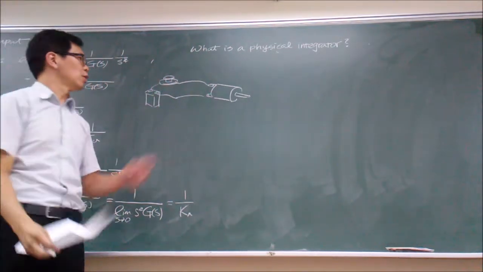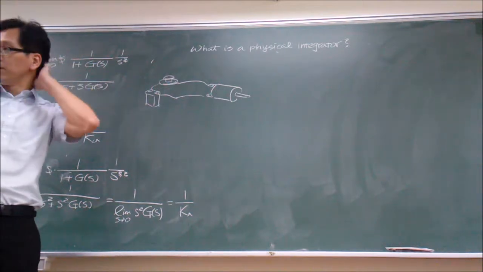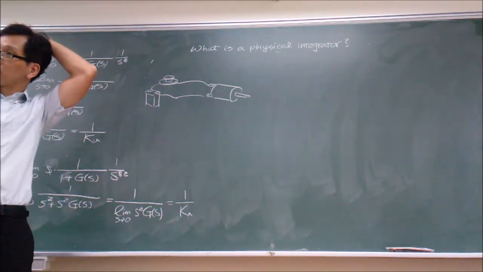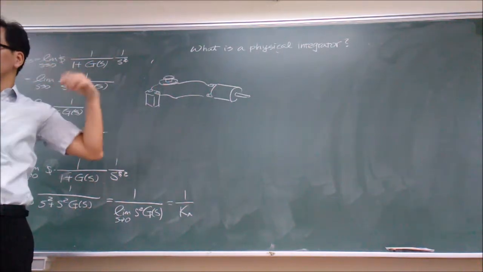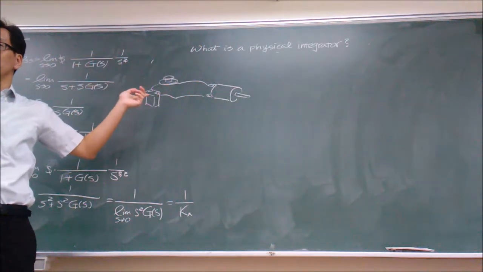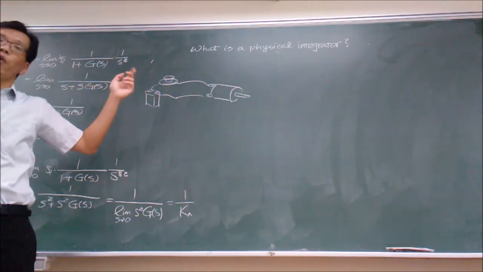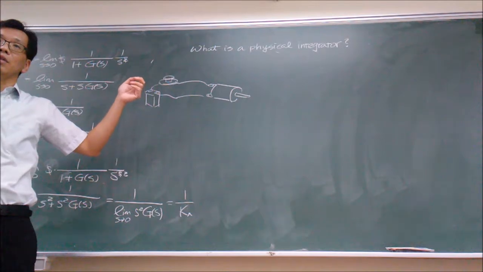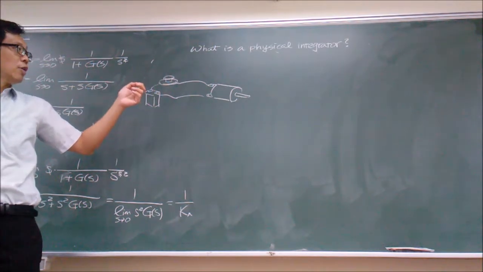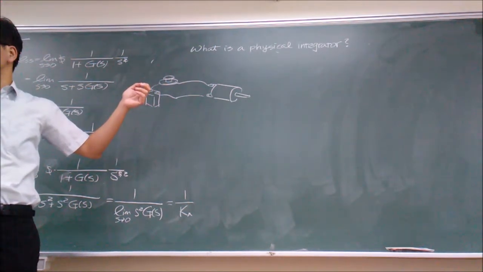Okay, so when I push a button, what happens? When you measure those kinds of stuff, it will keep on rotating, since this is a battery. So what is the output? Is the output going to be velocity or position?